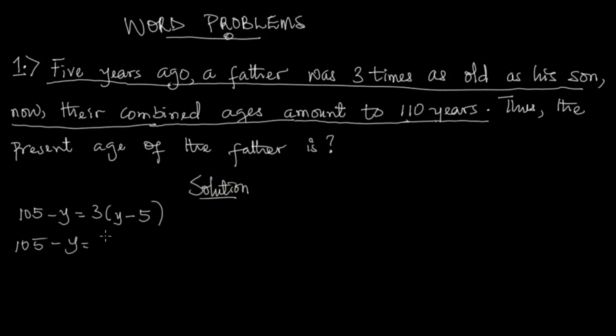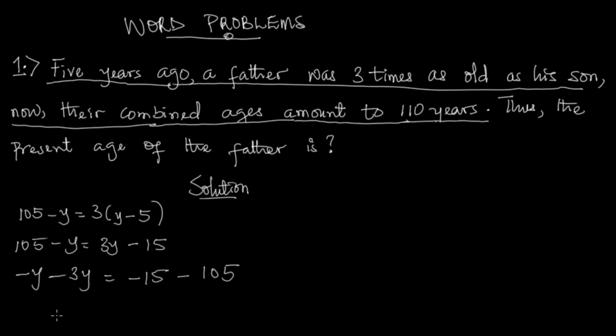We're going to open the brackets, 3 times y, 3y, 3 times minus 5 minus 15, and now we're going to collect like terms. Let's take 105 to the other side and 3y to this side. So we're going to have minus y minus 3y equals minus 15 minus 105.